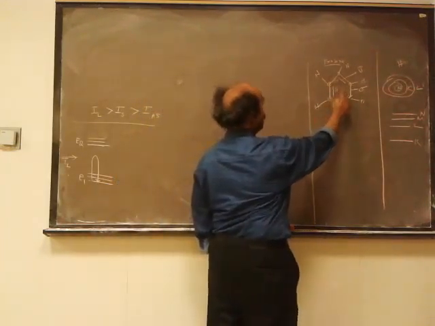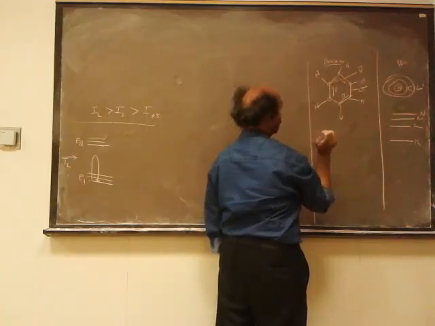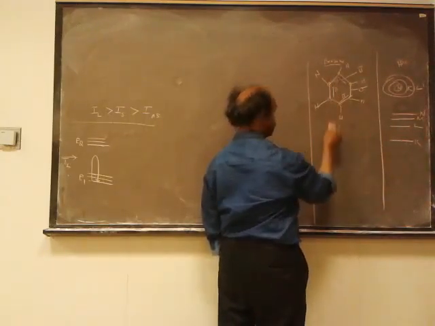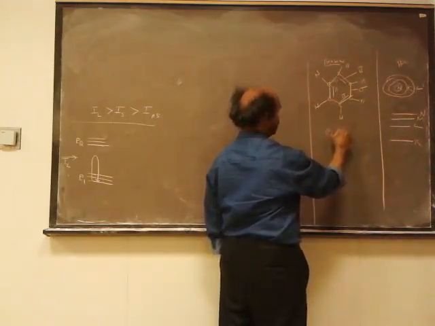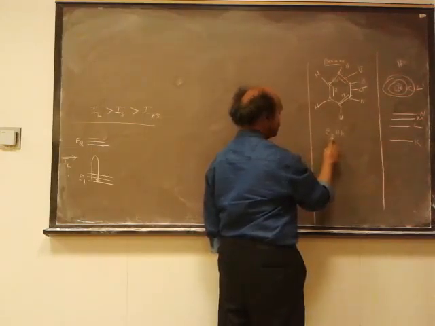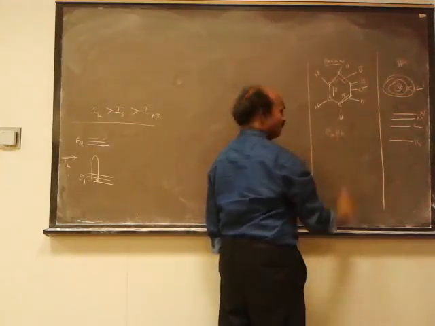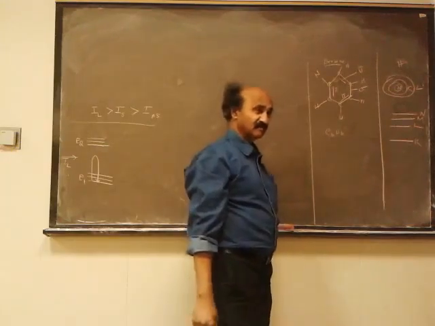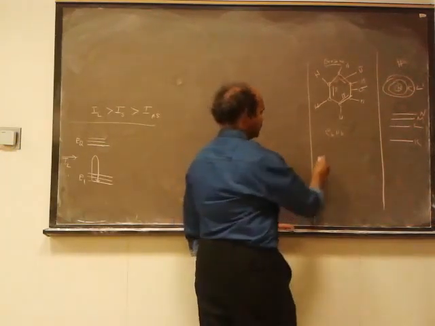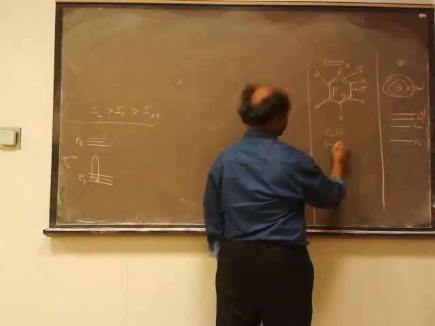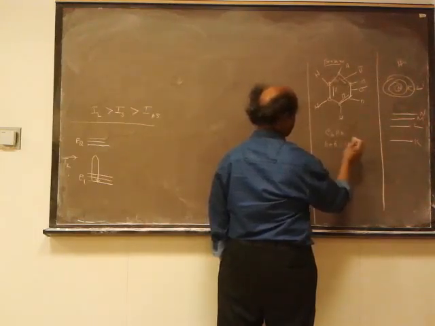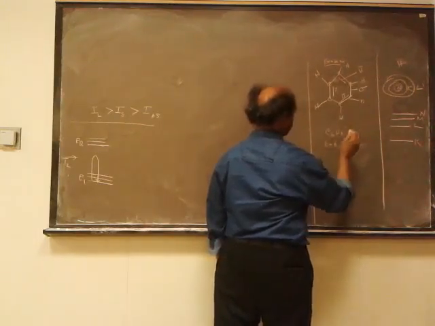Whereas here, you don't have one atom. How many atoms? This is actually C6H6. C6 means each one will have how many electrons? 6 electrons, right? Yes, 6 electrons. This is having another 6 electrons. There are 12 electrons in total.